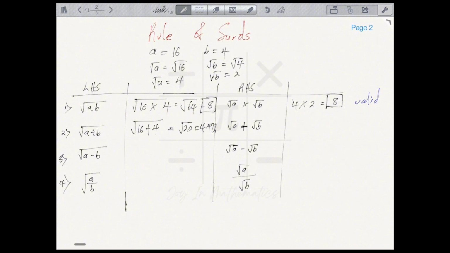And if we try root A now, root A on its own is 4. Root B on its own is 2. So this is 4 plus 2, and we'll have 6. Now we can see that 4.472 is not the same thing as 6. Therefore, this line is not valid.